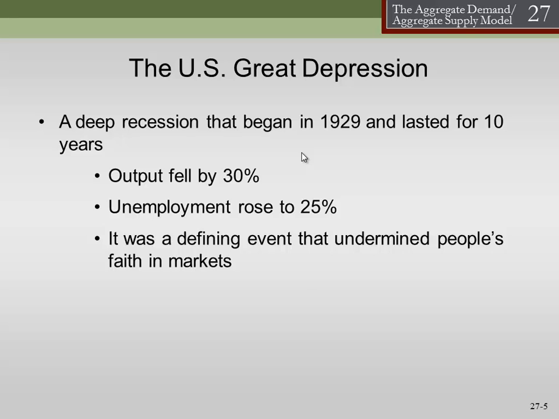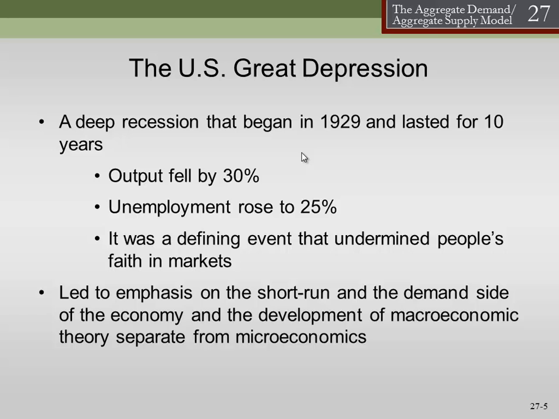It was a defining event that undermined people's faith in markets and how economies worked. And it really sparked a paradigm shift in how macroeconomists thought about how the macroeconomy works.